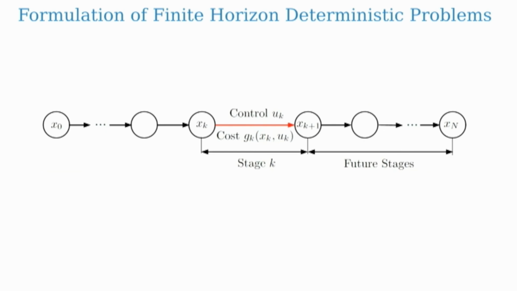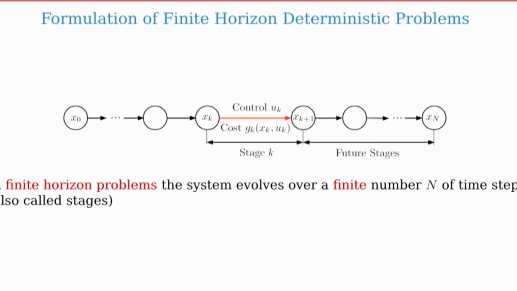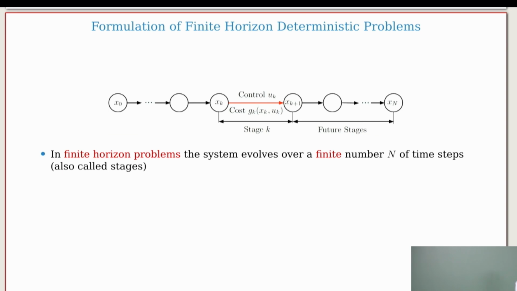At the kth step we are at xk, and we look for the optimal control or action or decision, which has some cost, and this leads us to xk plus 1. This is the stage k problem, and then we explore further in future stages until we arrive at the end, which is the terminal state. So we are right now in the finite horizon problem. This means that n is finite.